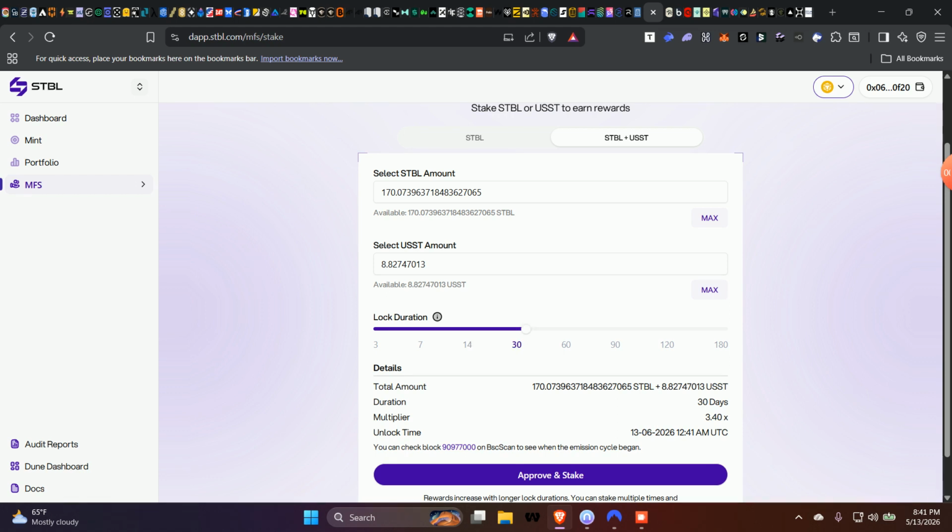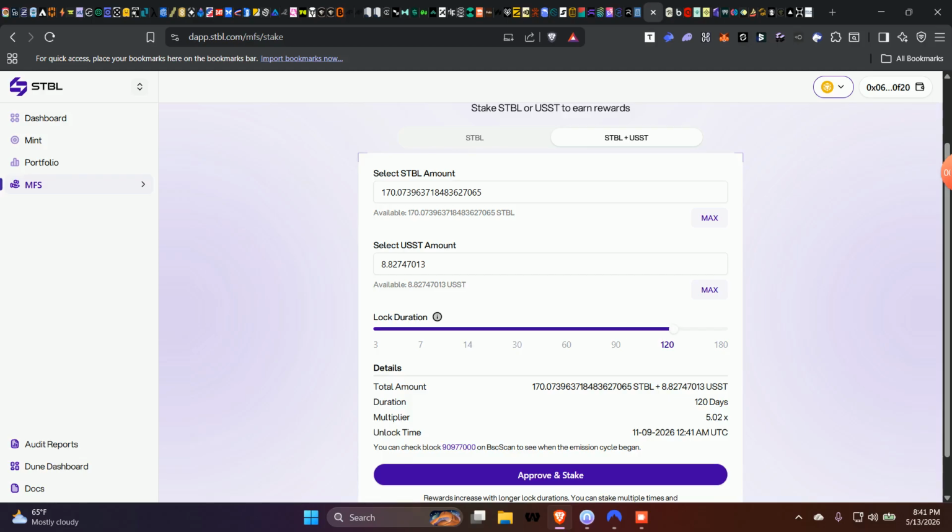If you did 60 days, you are going to get a 4.08x. If you did 90 days, you are going to get a 4.9. If you did 120 days, which is about 4 months, you're going to get a 5.2x, you see.